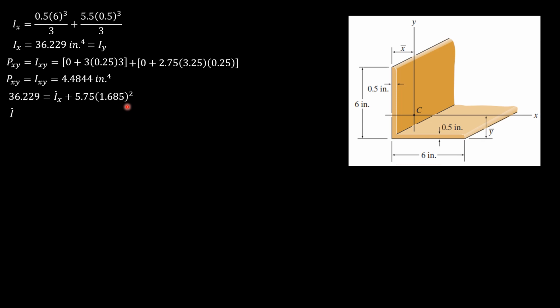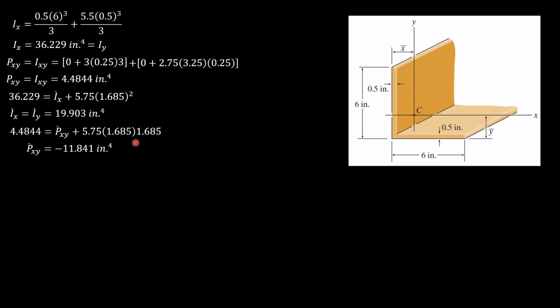So I bar x is equal to I bar y, and it is equal to 19.903 inches to the fourth. Then Pxy equals P bar xy plus area x bar y bar. So 4.4844 equals P bar xy plus area 5.75. x bar is 1.685. y bar is also 1.685. So P bar xy is equal to negative 11.841 inches to the fourth.